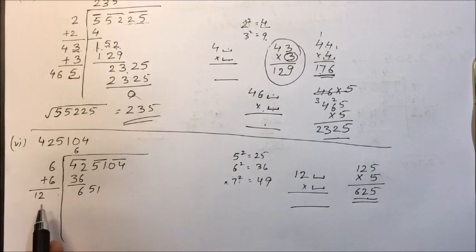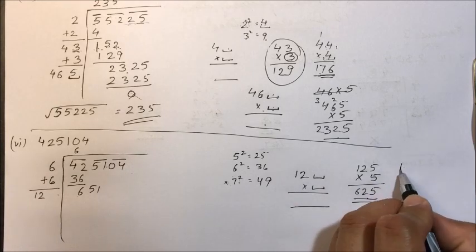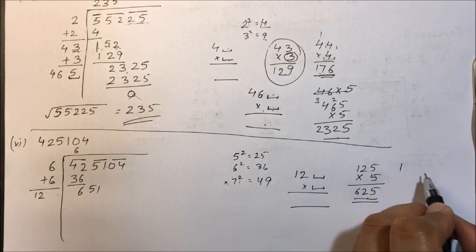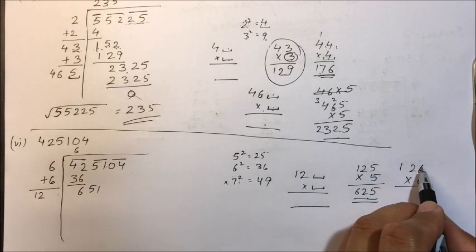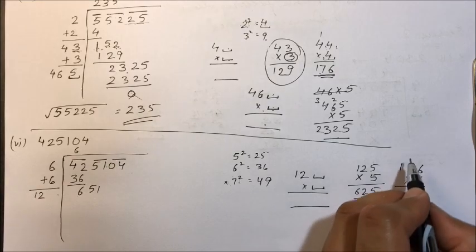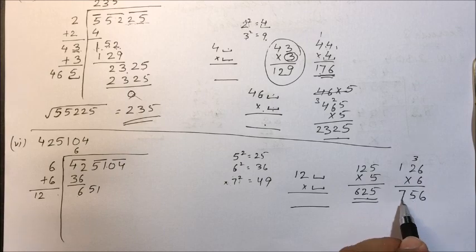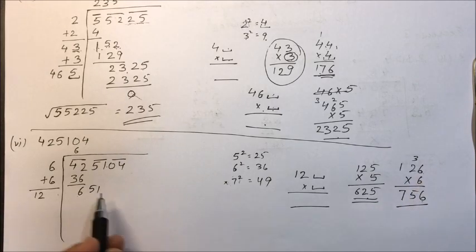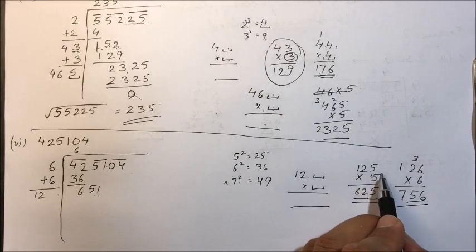We can check one more, that is 126 into 6. 6 6s are 36, 3 carry, it will be 756. Now when we take 6, the product exceeds 651. So we'll go with 5.